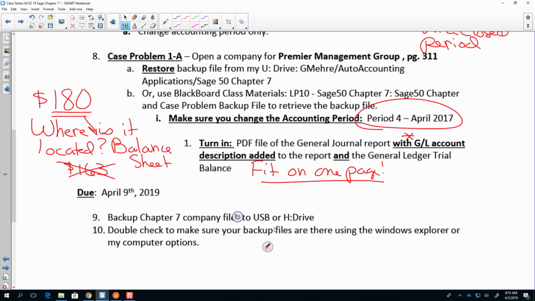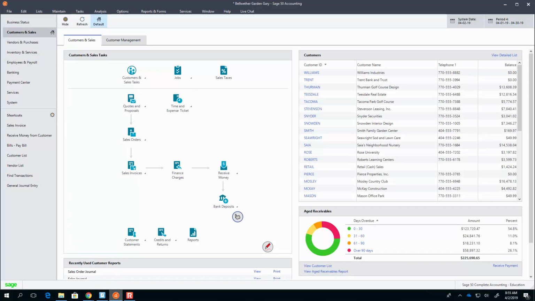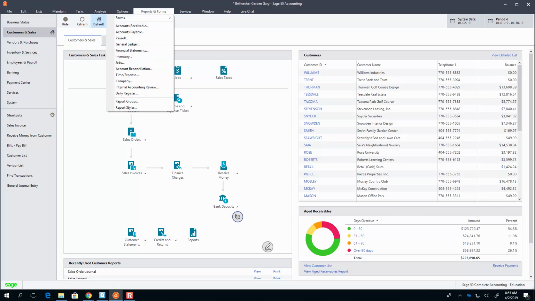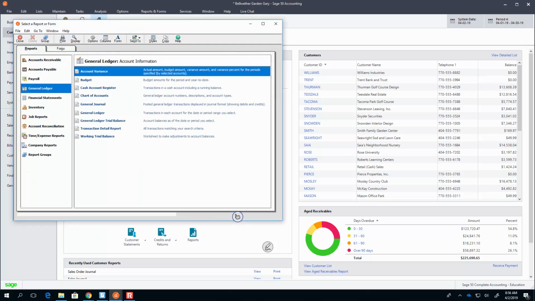If I go to the software under reports, what section are the trial balance and general journal reports on? General ledger, yep. Okay. And make sure again that we're picking the general journal. And it was the trial balance, right? Or was it the ledger? Trial balance. Okay. So those are the two that I'm looking for.